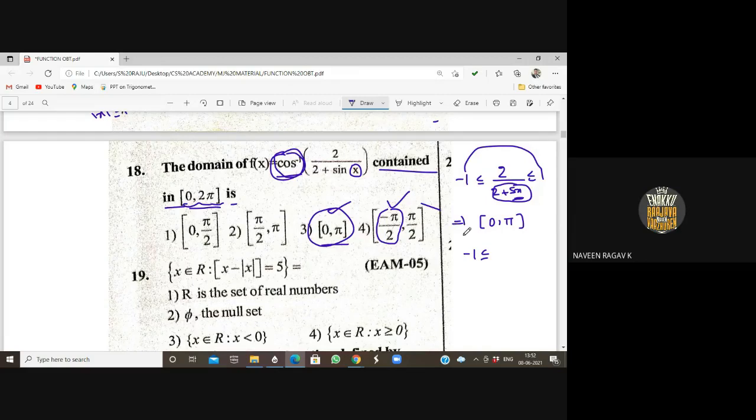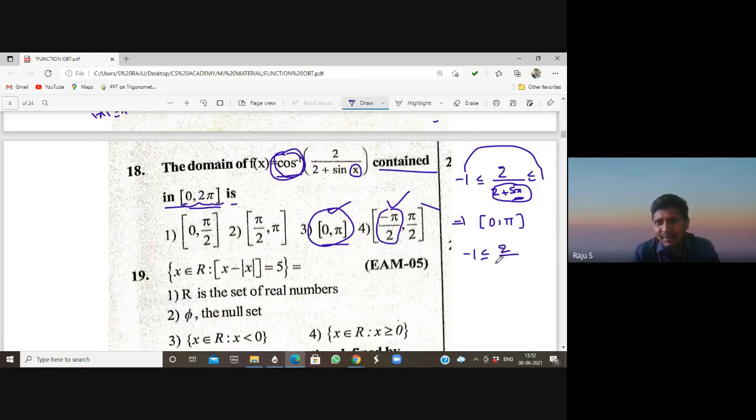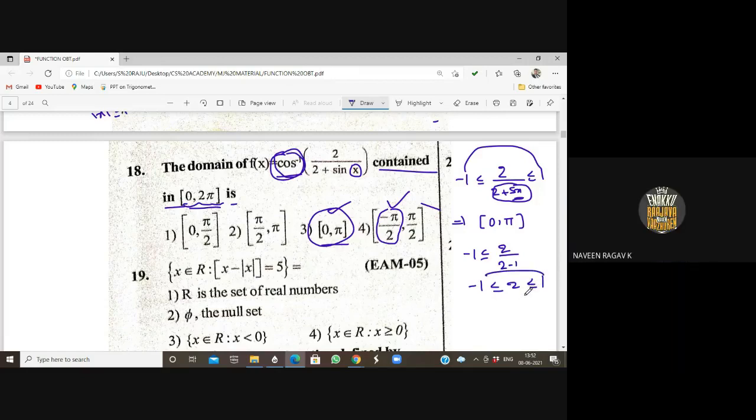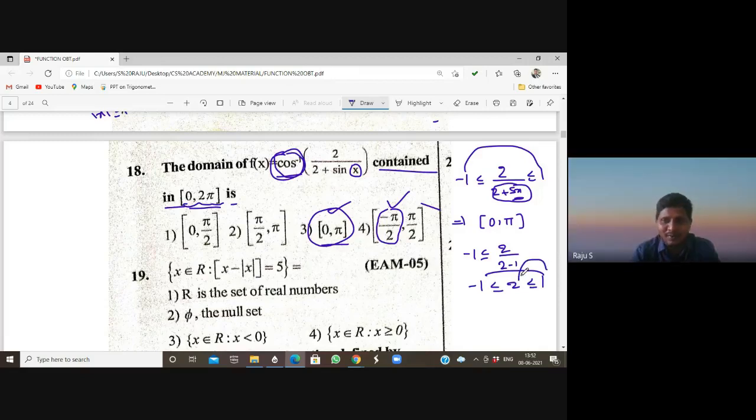If you substitute minus pi by 2, what will happen? (2 minus 1)... Yes, sir, minus 1... Is the value between minus 1 and plus 1? Okay, sir, I did not check it. No problem. Because 2 is more than 1, it doesn't exist, so we cannot consider any negative value.